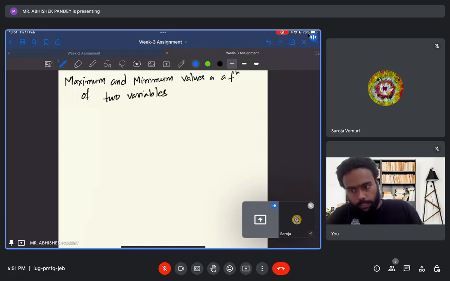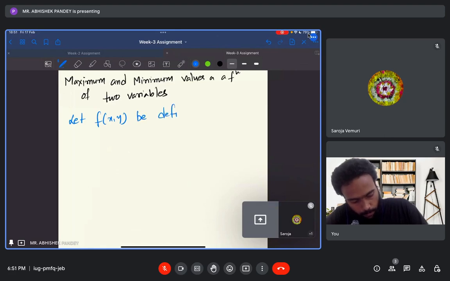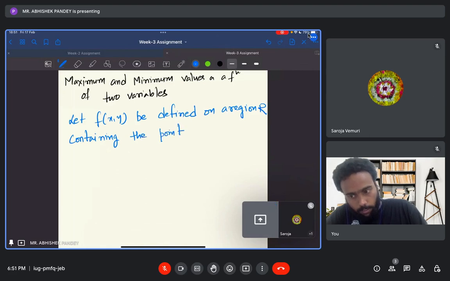First we will define it. Let f be defined on a region R containing the point A comma B.